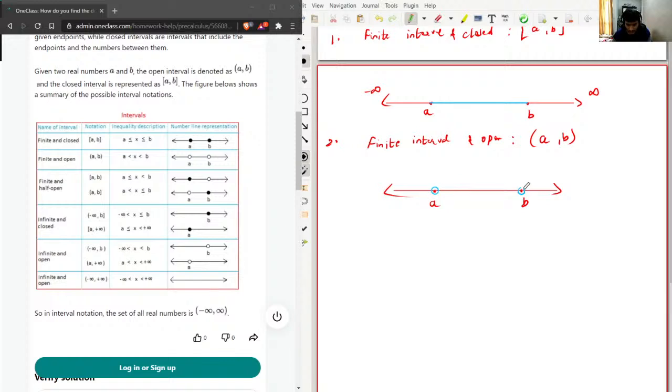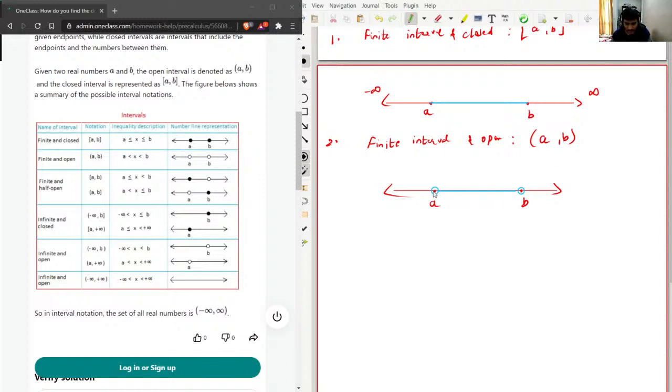This kind of circle means that the value at this particular point is not included, and for the rest of the values which lie between a and b, not including a and b, my function will be defined, or all these values will lie in the domain of my function.